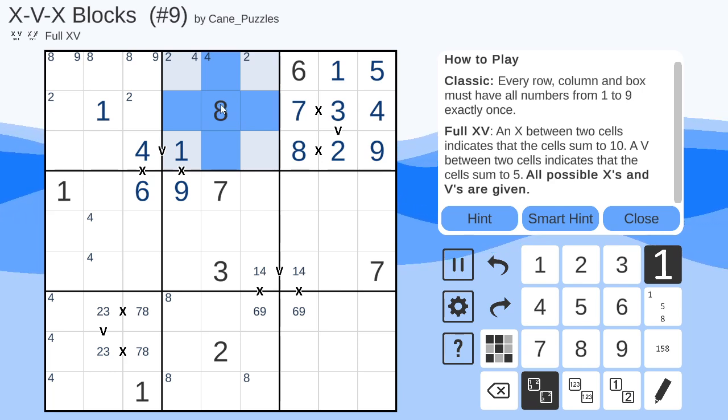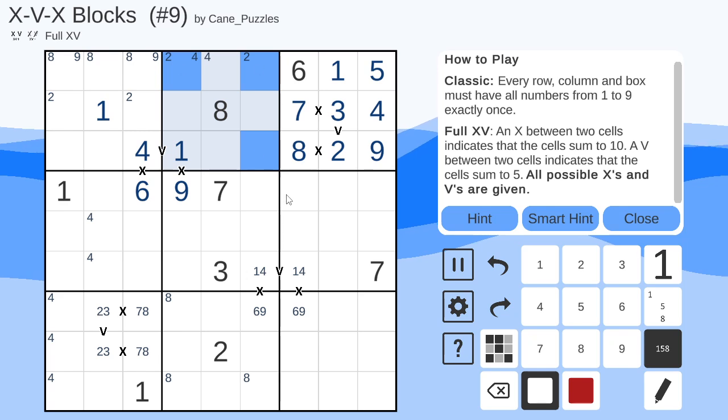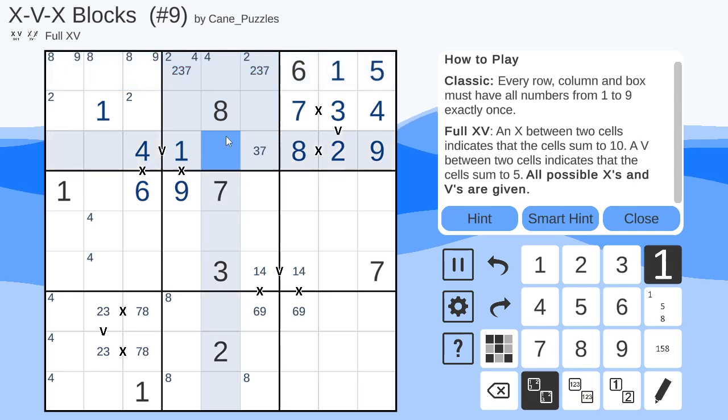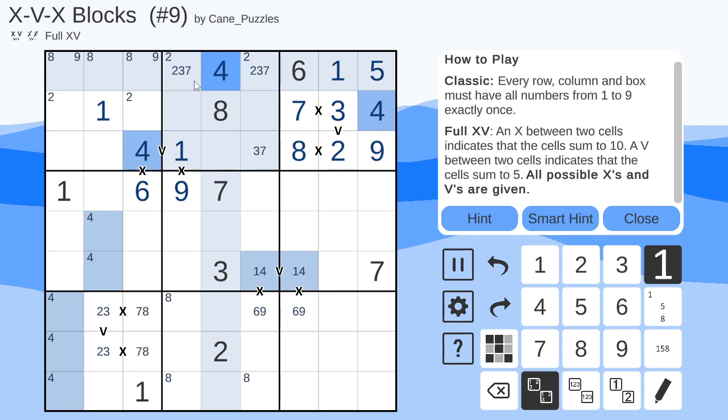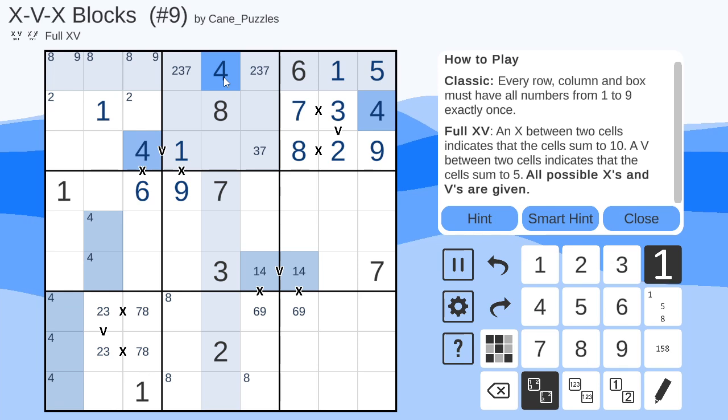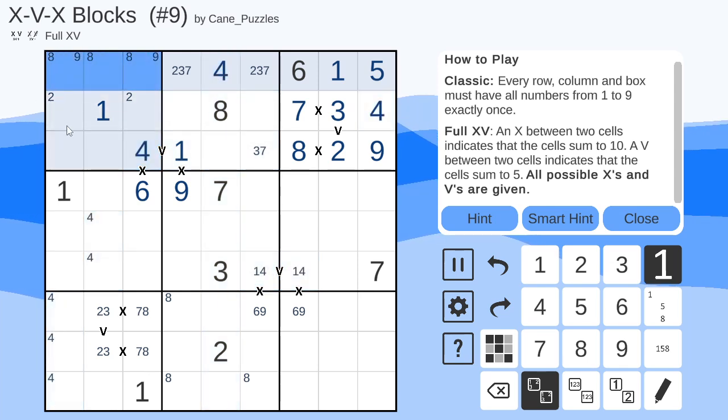Well, I think I see a pattern here because these 3 have to have 3 and 7. 2 has to be here. So I'm pretty sure this is a triple, which means this is a 4. And because of that, 2 has to go here. 3, 7.